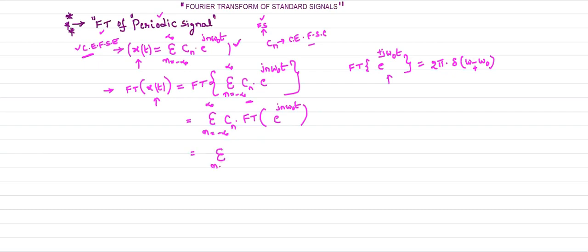So we will get sigma n equal to minus infinity to plus infinity, where Cn is the complex exponential Fourier series coefficient. Cn is a constant, so I apply the Fourier transform only to the exponential function. Now what is the Fourier transform of e power j n omega naught t?